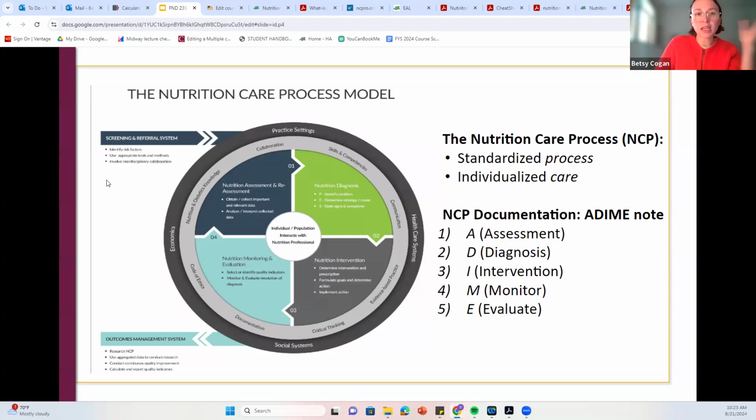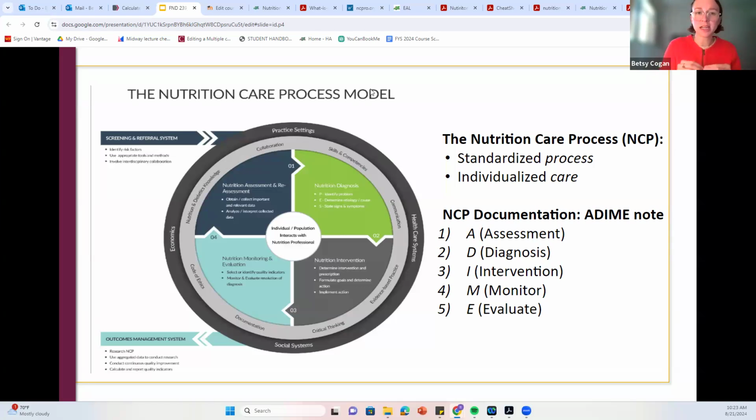And then within this standardized method, we want to be considering these larger systematic effects. So where are we working, what is the healthcare system like, what are the economics, and then how are nutrition and dietetics knowledge, collaboration skills, things like that, all interacting?